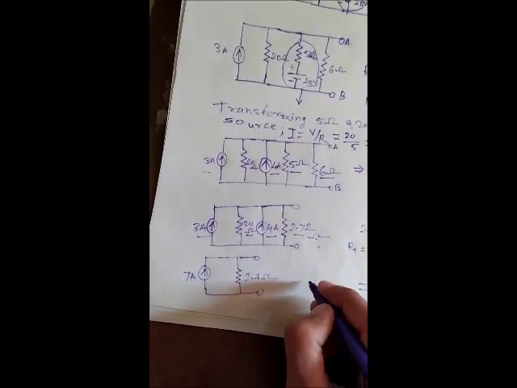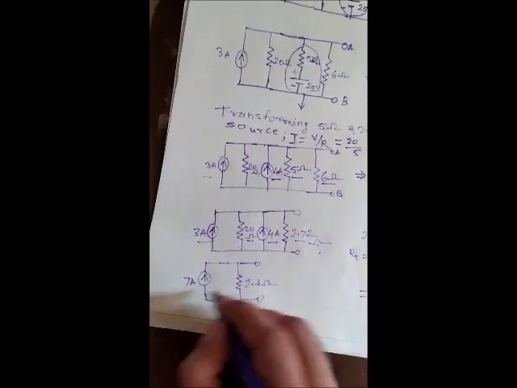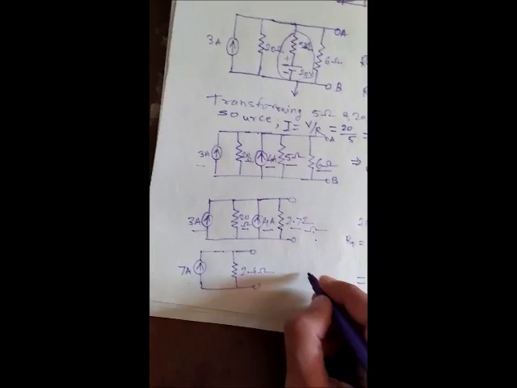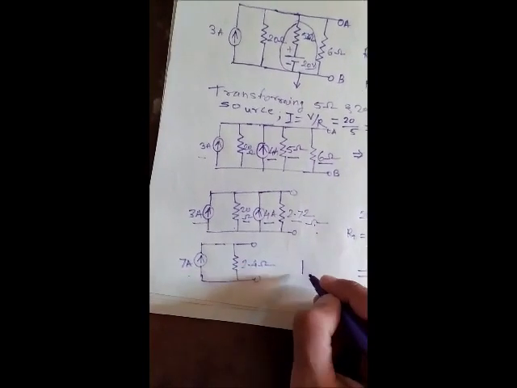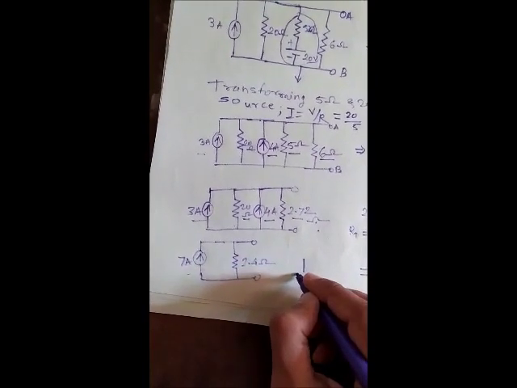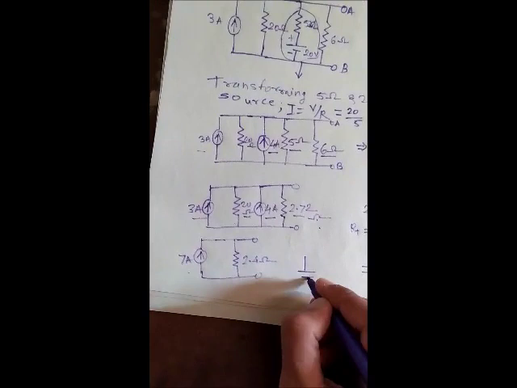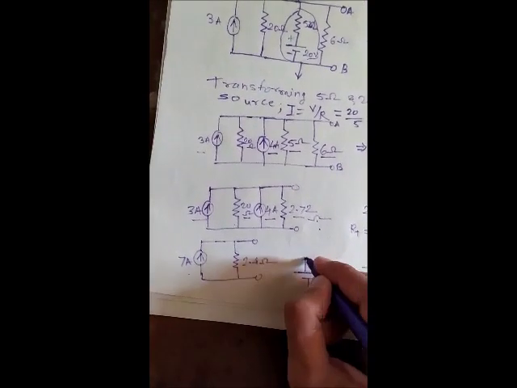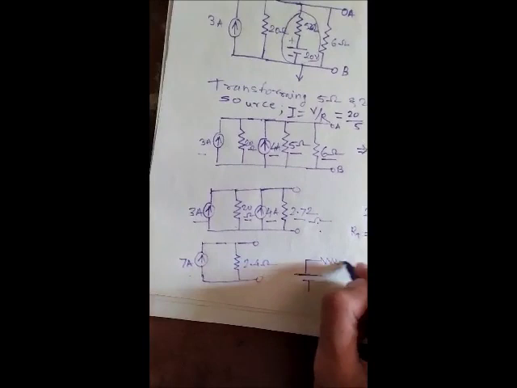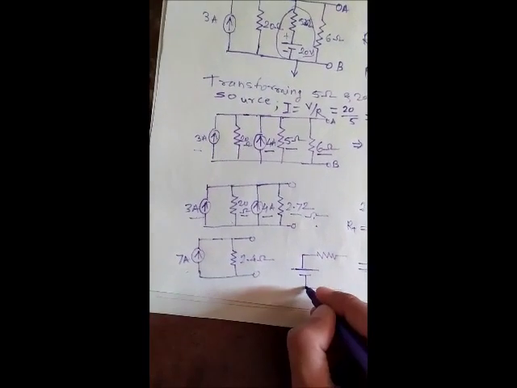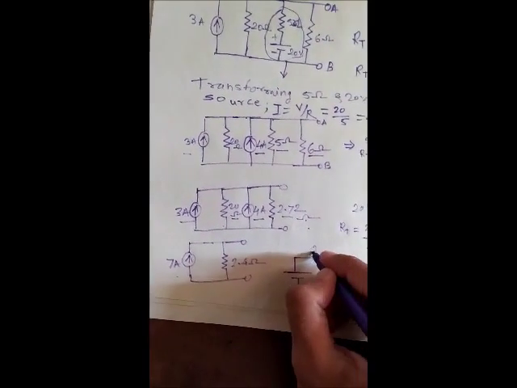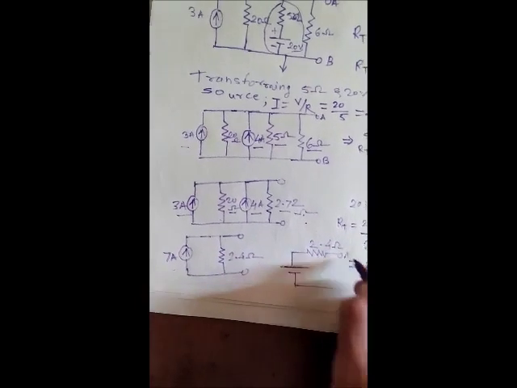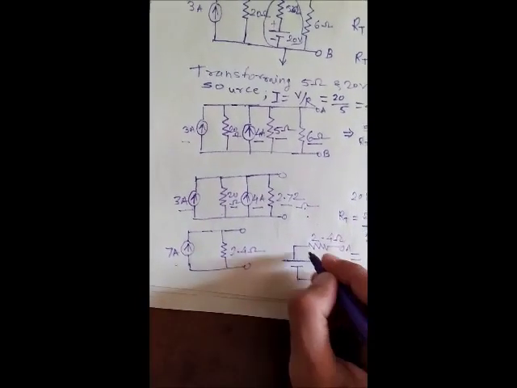Then again transforming the given circuit into a voltage source, multiply 7 into 2.4. So you will get the value of the voltage source and a resistor in series. The value of this is 2.4 ohm. And what will be the voltage source?